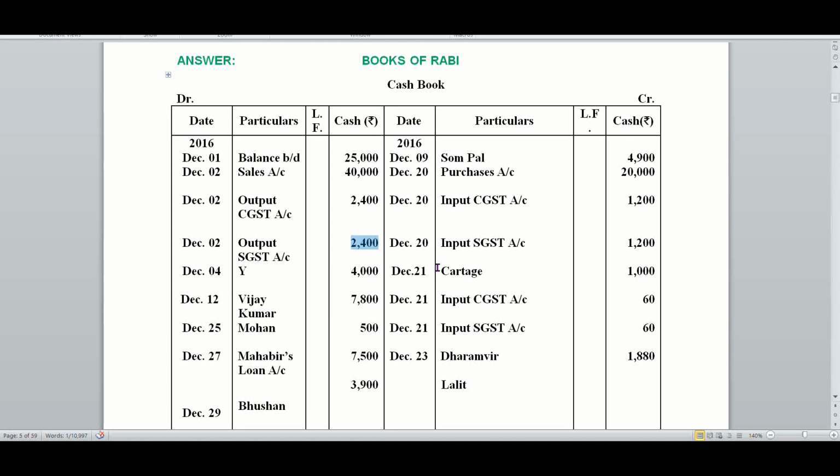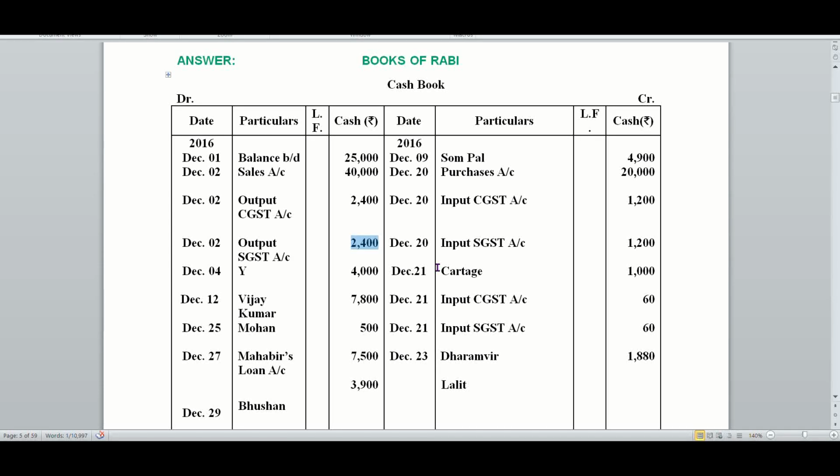So cash account is debited with 44,800, to sales, to output CGST, to output SGST. So cash is debited, therefore we have to go to the debit side of the cash book and write all the other entries, that is your sales, output CGST, output SGST.